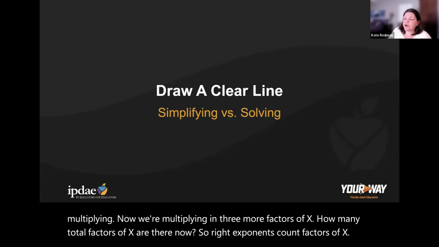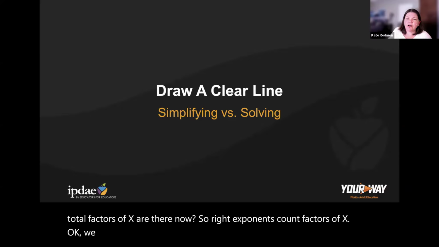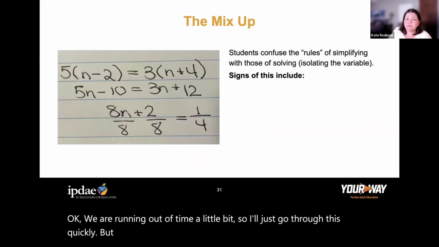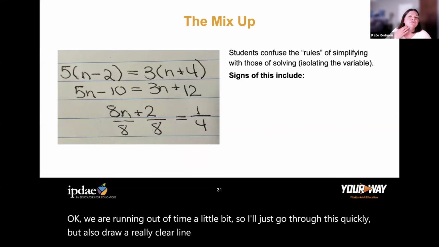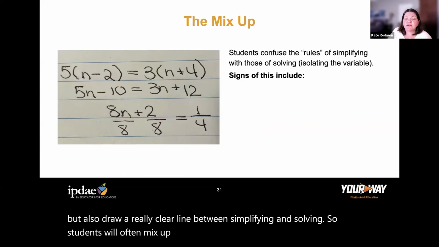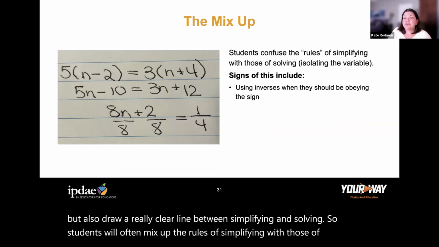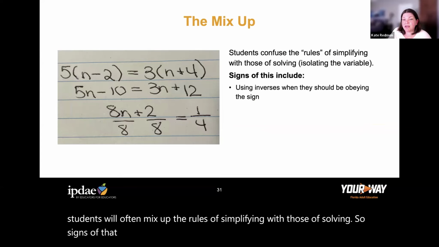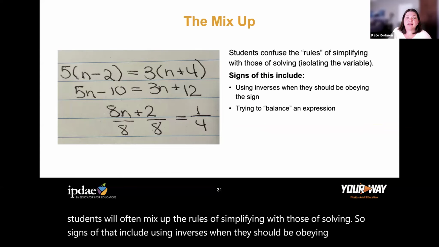Okay. We are running out of time a little bit, so I'll just go through this quickly, but also draw a really clear line between simplifying and solving. So students will often mix up the rules of simplifying with those of solving. Signs of that include using inverses when they should be obeying the signs, trying to balance an expression.